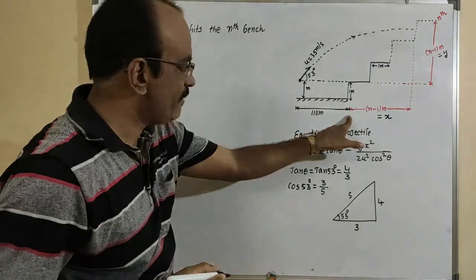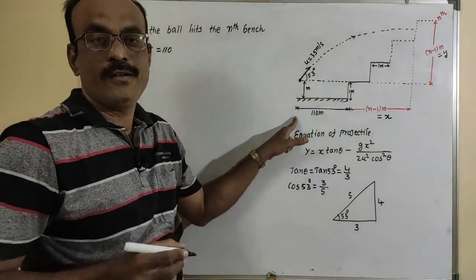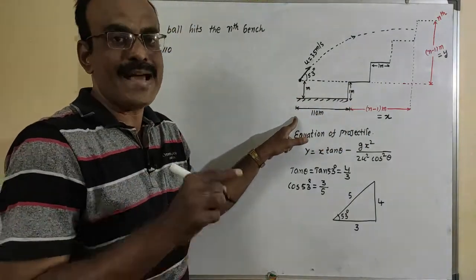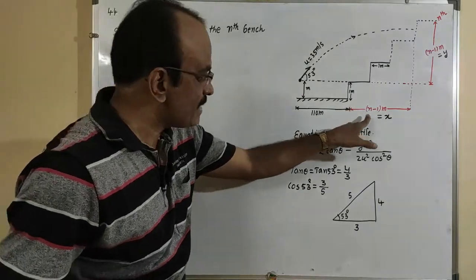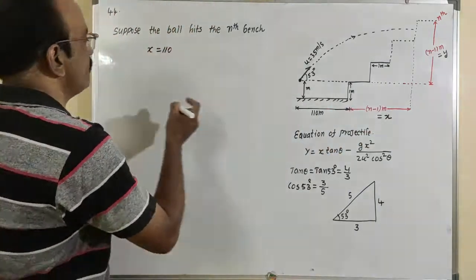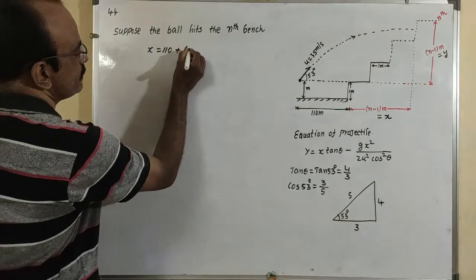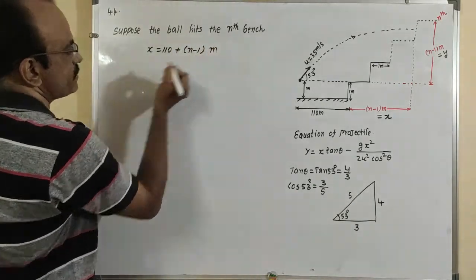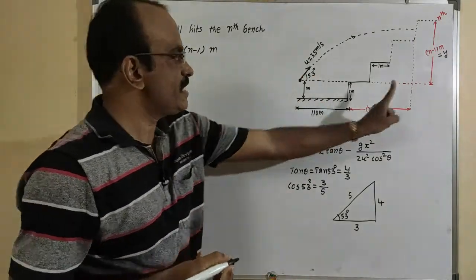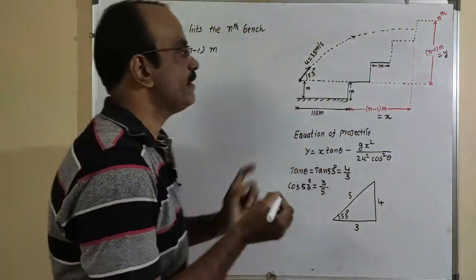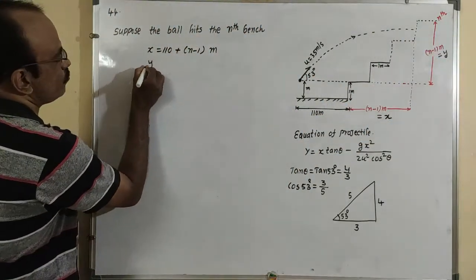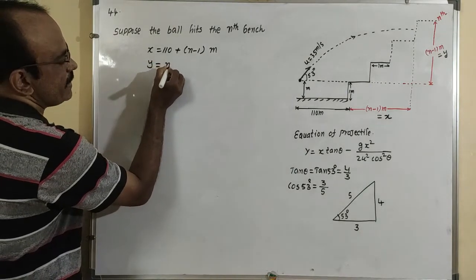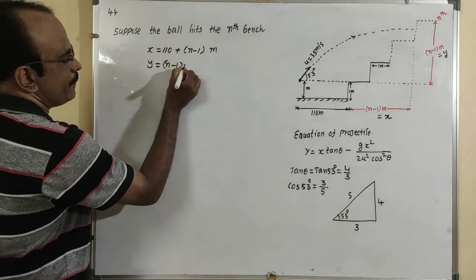Why 110? From the batsman to the first bench. So 110 plus n minus 1 meters. And in the vertical direction, it is n minus 1 only. So y is equal to n minus 1 meters.